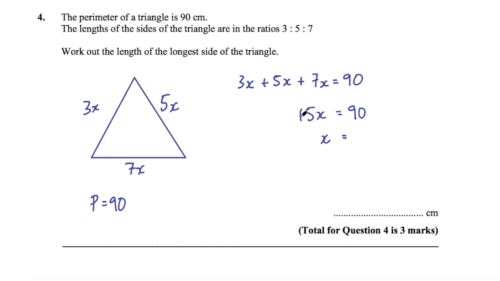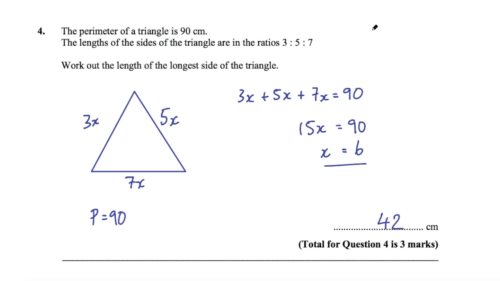So 90 divided by 15, that's going to be 6. So x there is 6. So therefore, the longest side will be 7 times 6. That will be 42 centimeters.